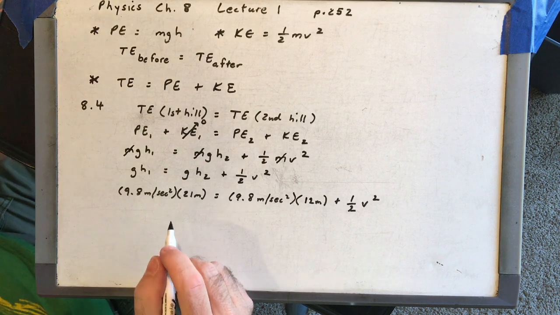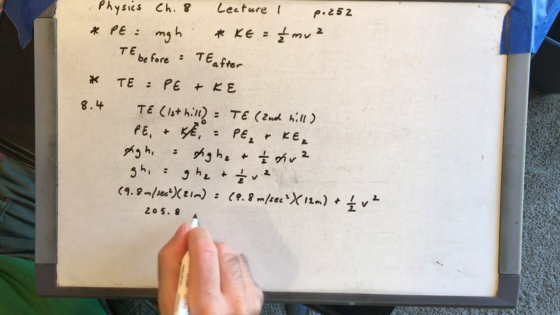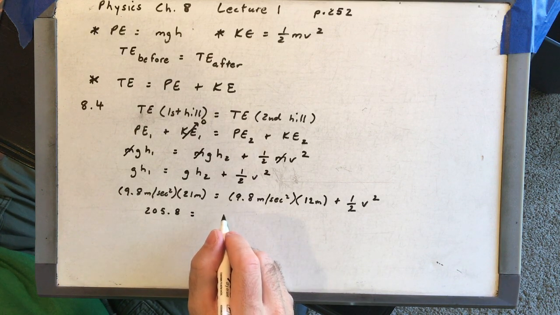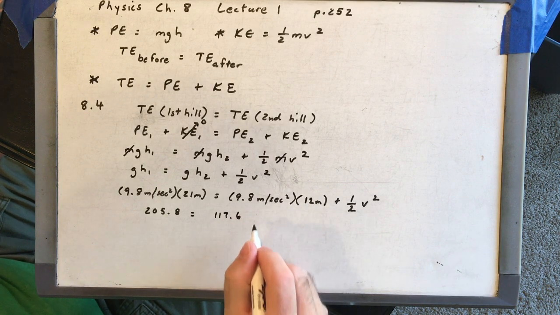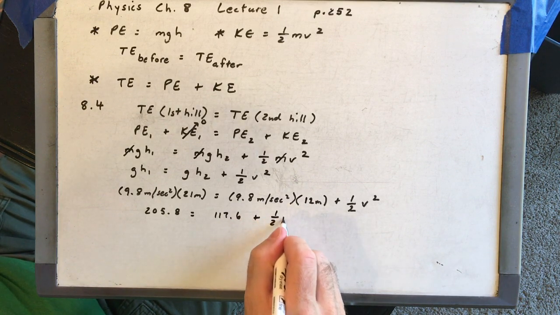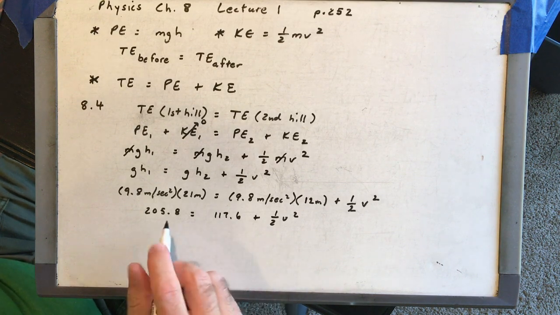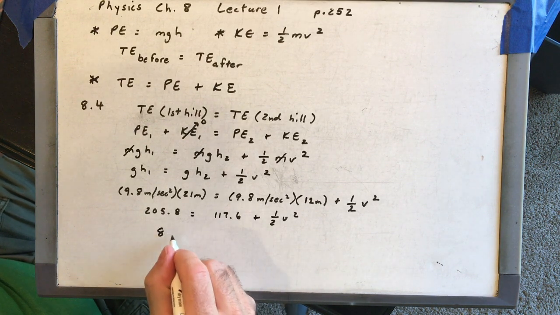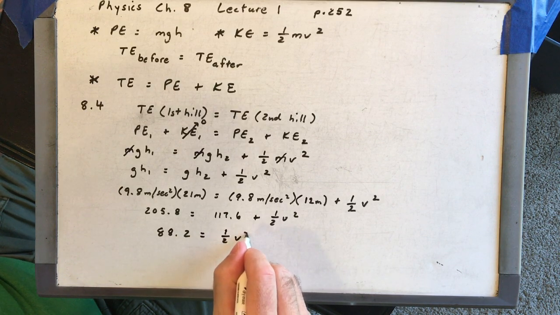So this would be 205.8 is equal to 117.6. That's 9.8 times 12. Plus 1/2 v squared. So I would subtract 117.6, and 88.2 is equal to 1/2 v squared.